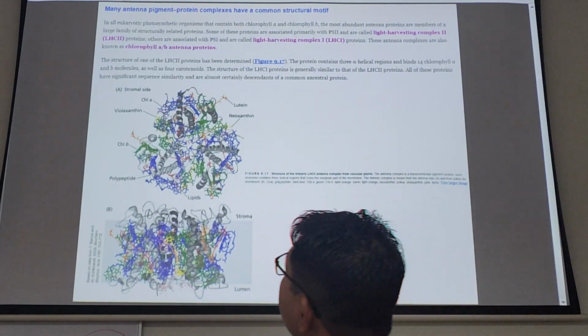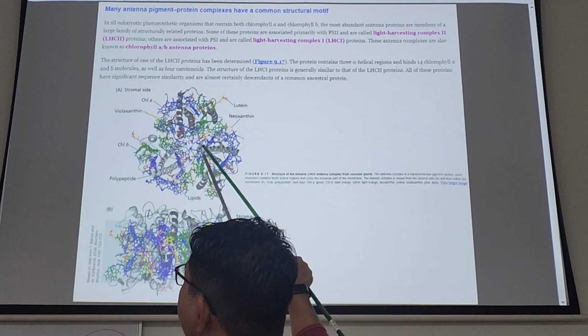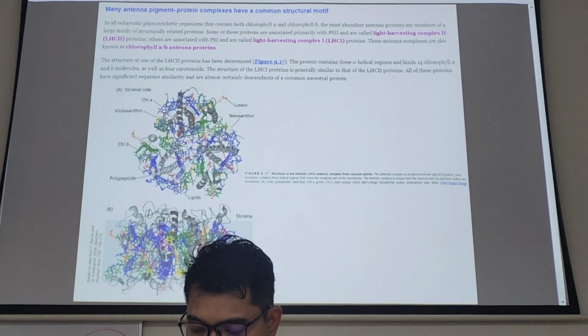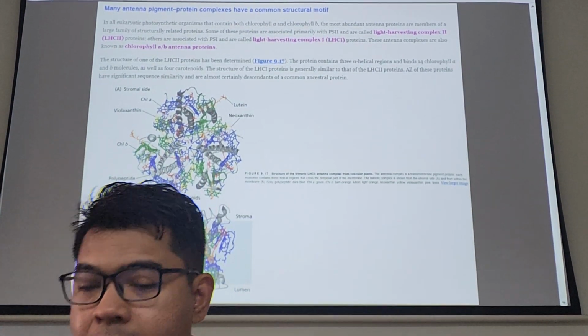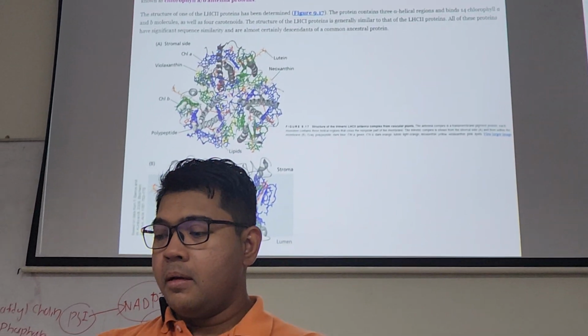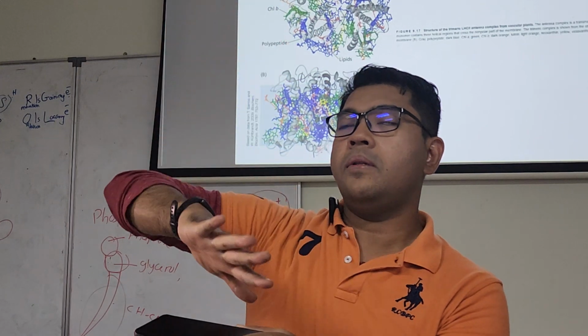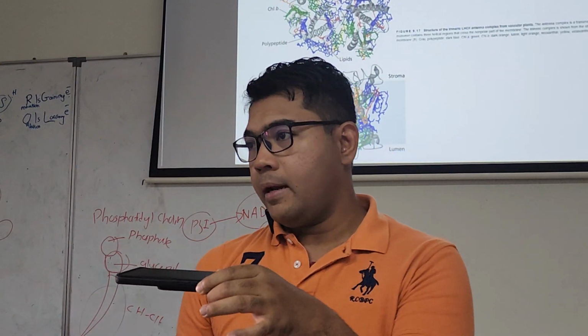Let's say this is one antenna complex in the thylakoid membrane. Up here is the stroma side. Down here is the luminal side.